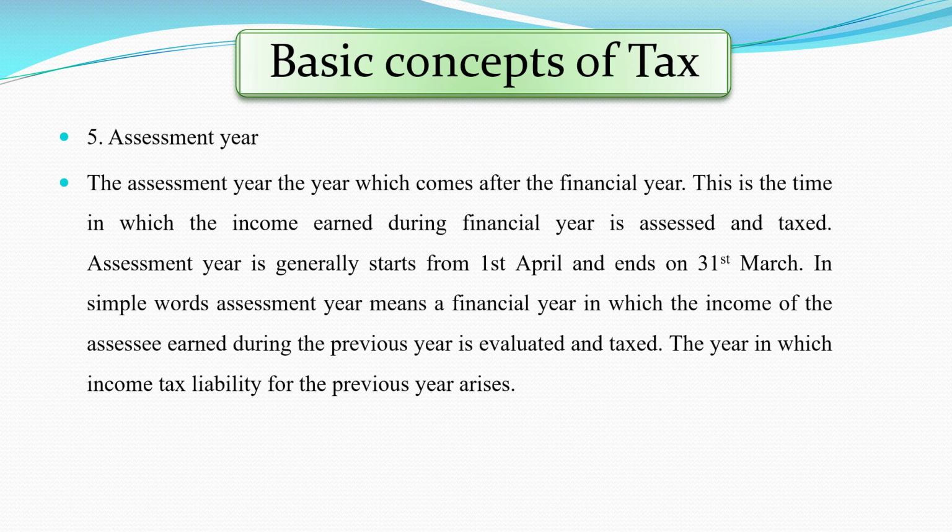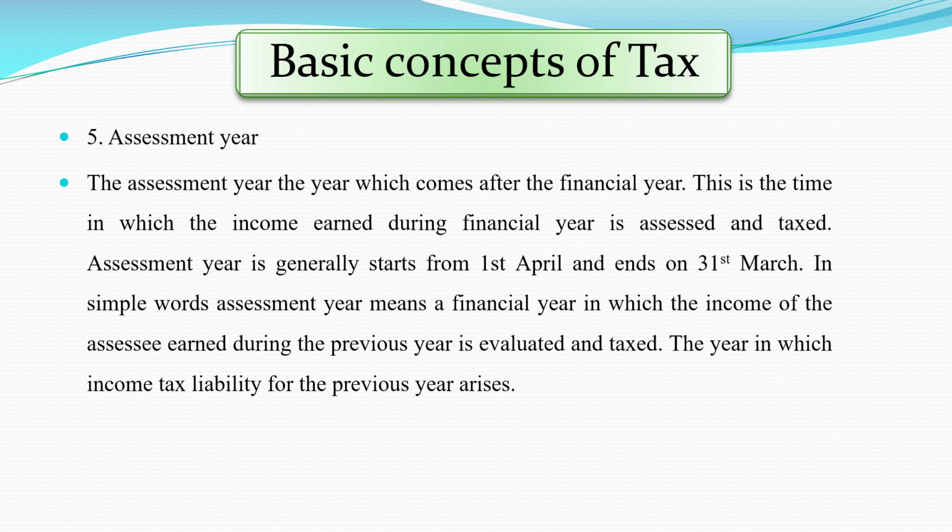The next basic item is the assessment year. The assessment year is the year that comes after the financial year, starting from the 1st April and ending on the 31st March, in which the income earned in the previous year is assessed for the tax.